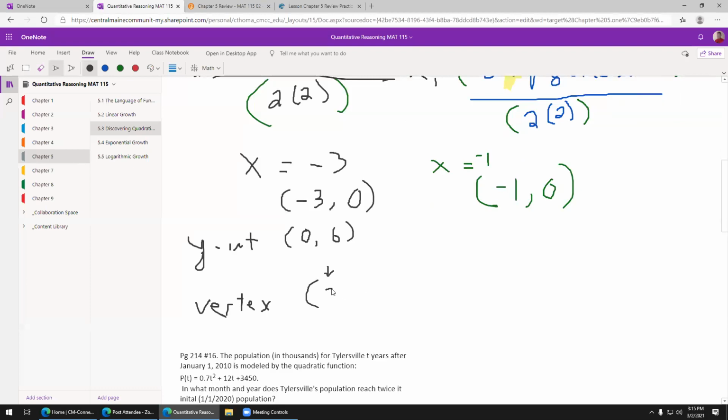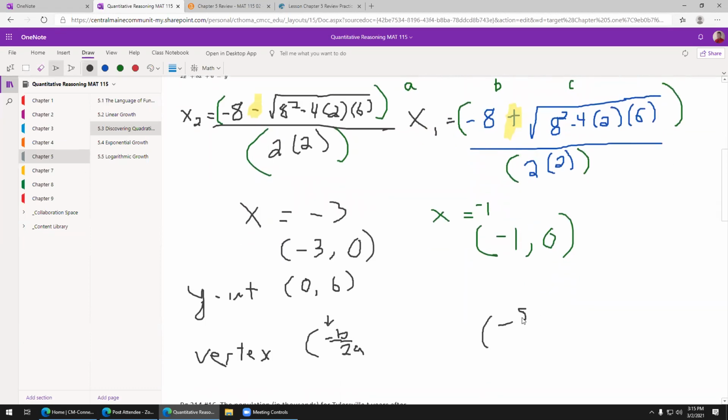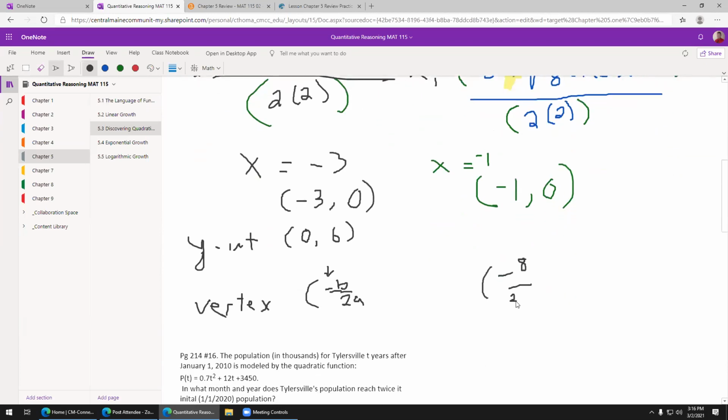Remember, b was 8, so that is -8 over 2 times 2 again, which gives me -8 divided by 4, which just gives me -2. So my x coordinate for my vertex is -2.